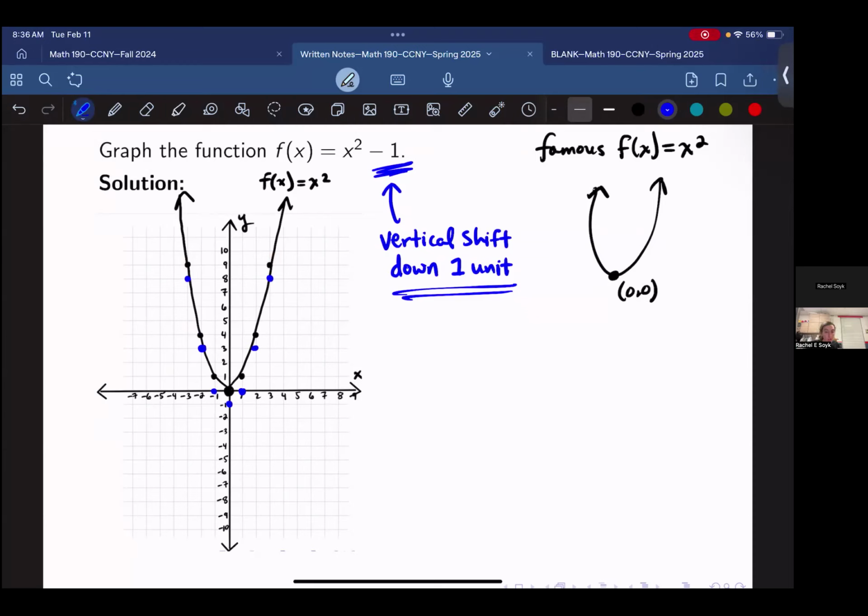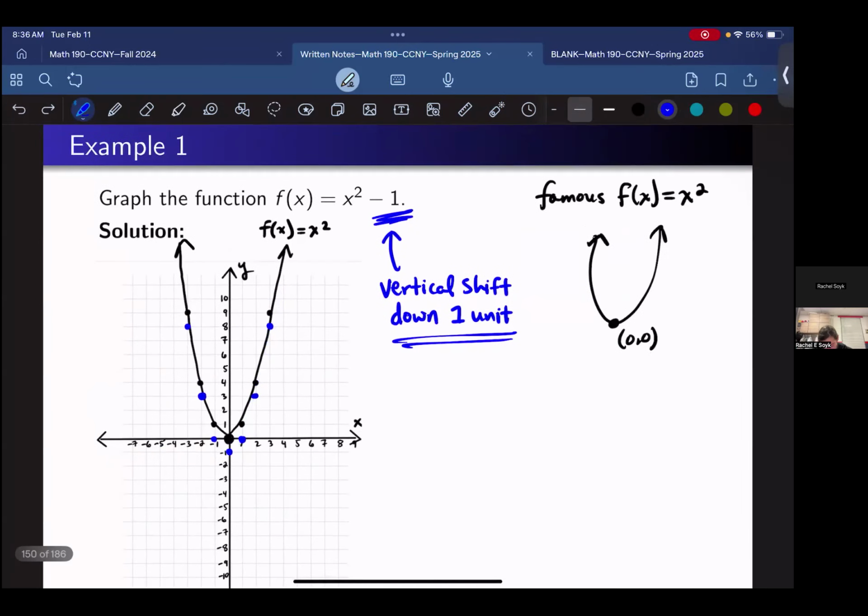So now we're looking at the following. Here we have it. f of x is equal to x squared minus 1.